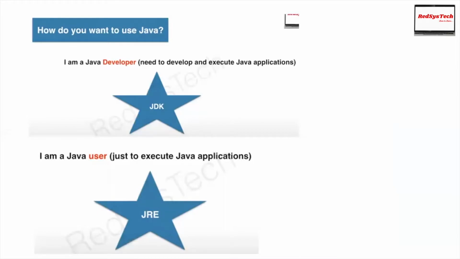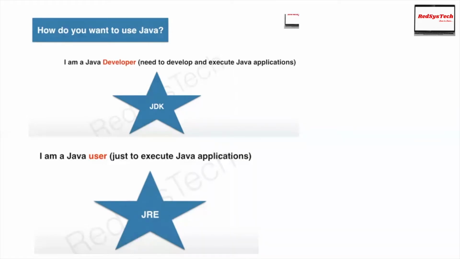So the question you might have is, okay, I want to learn Java and become a Java developer, so what should I have? You should have a JDK. Let's say you are working in a project where you have some users and they want to execute your program. So what do they have? They need JRE. Assume we are users of the Chrome browser, which is developed by Google, and we are the customers actually using it. If in some places you have Java applets running on your Chrome browser, you just need JRE, not JDK.